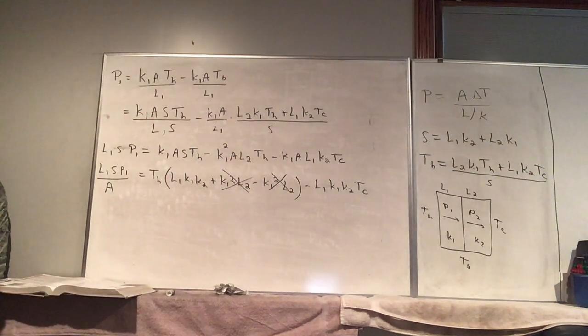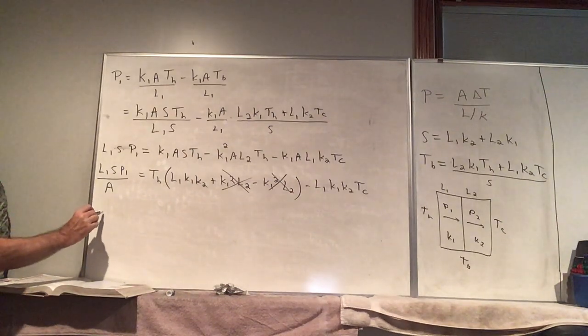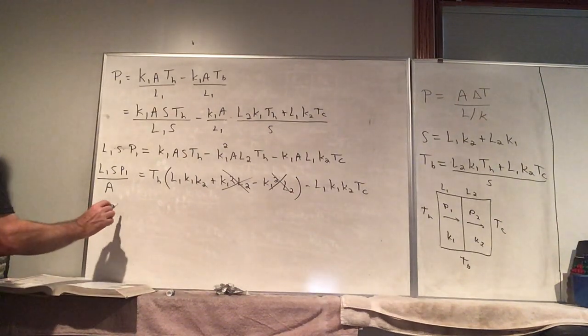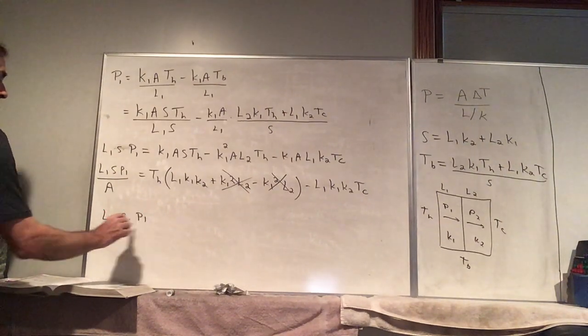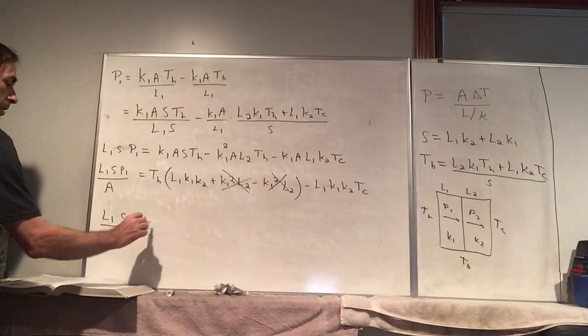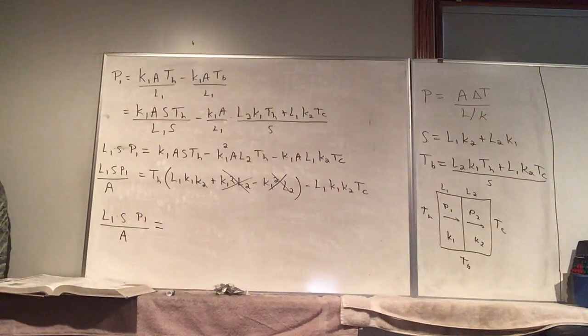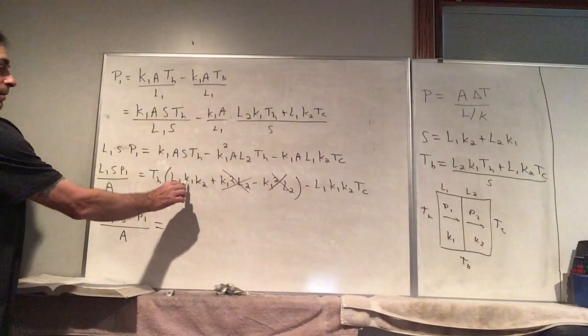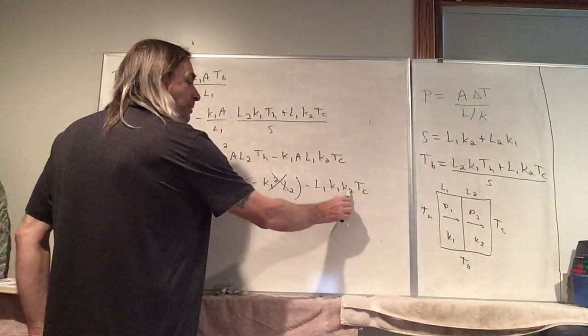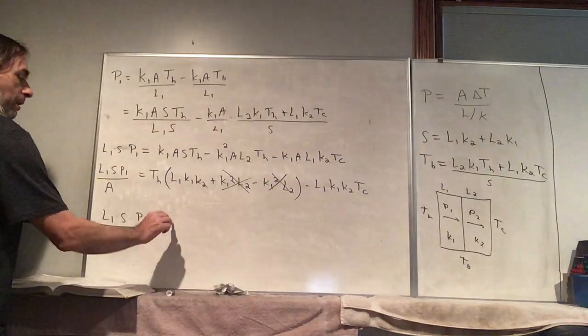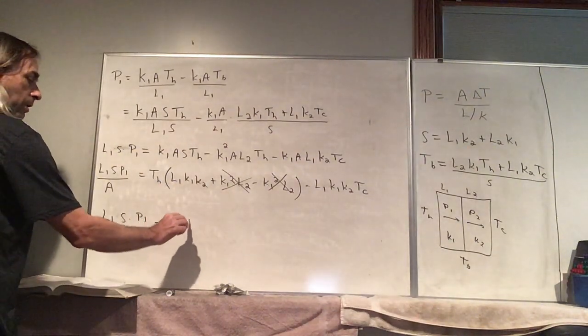And now we can write this L1. We still have this annoying S in here. But we're getting somewhere now. Here we have L1, K1, K2 times TH, and then L1, K1, K2 times TC. We can factor that out.